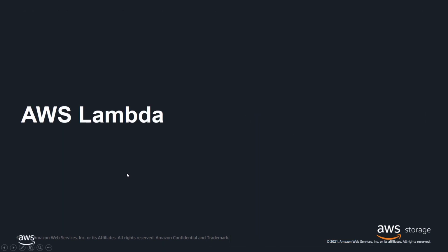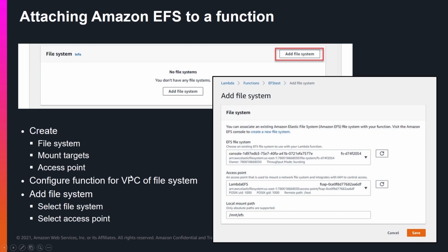Next, let me quickly show you a demo of how this comes together. Let's continue with the demo. The first thing that I will do is walk through the file system creation. I already have one, but we're going to pretend that we're creating a new one.